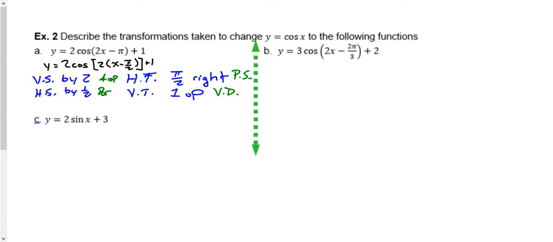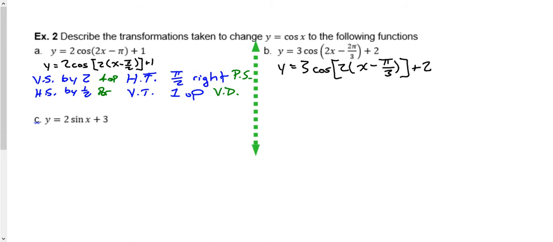In example B, we also want to start off by factoring this equation. So if I rewrite this equation, it's going to look like y equals 3 cos 2 bracket x, and here you have to be very careful on this factoring. This is going to be minus pi over 3, plus 2.